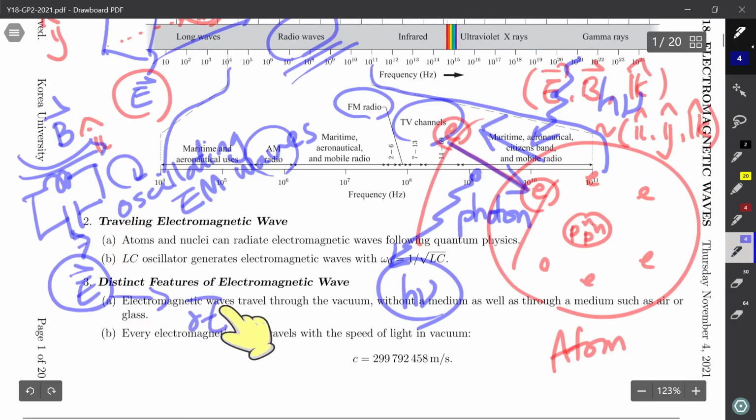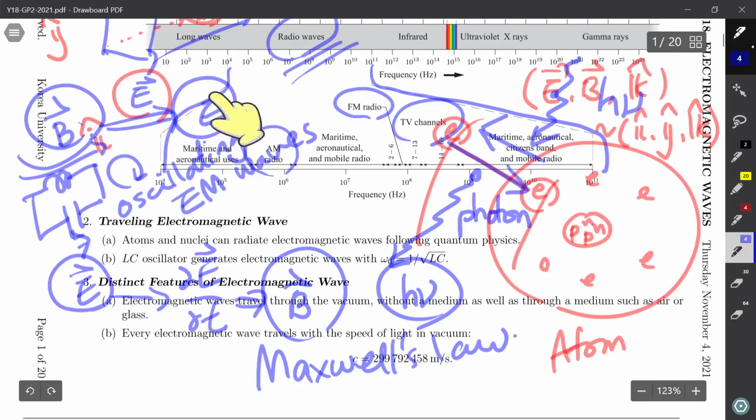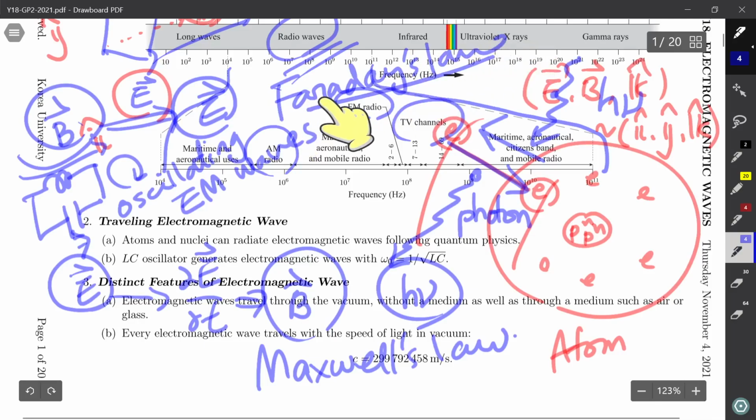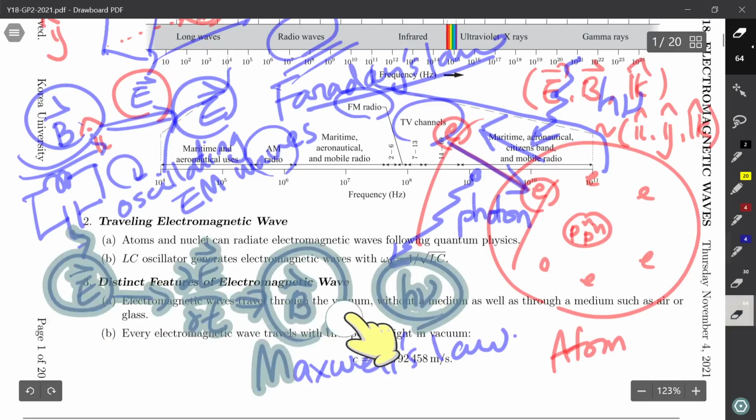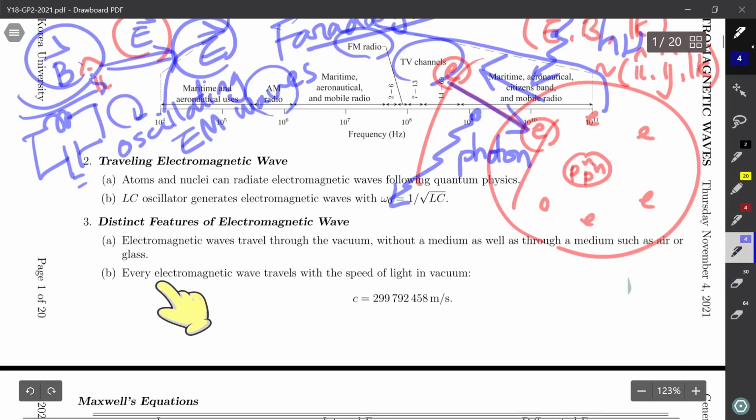Changing electric field generates the magnetic field because of Maxwell's law. Changing magnetic field generates the electric field because of Faraday's law. This is a distinct feature of electromagnetic wave.